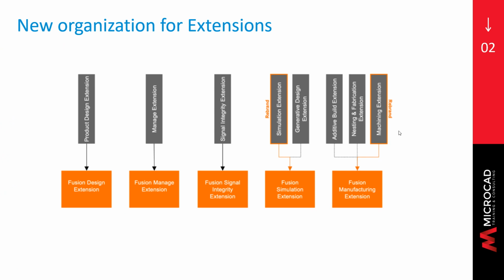And for the manufacturing extension, this one is a new rebrand. Okay, so before we had the machining extension, which was basically for everything that's machining related. So 2D milling or 3D milling, 5-axis, 4-axis, 2D cuts, all those things, right? We had another extension called the nesting and fabrication one.